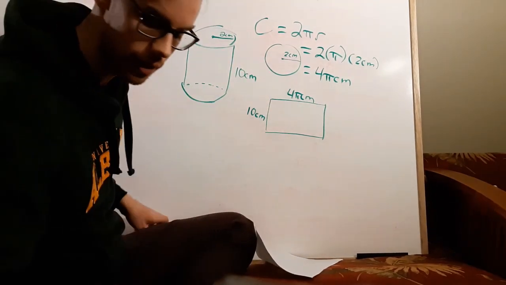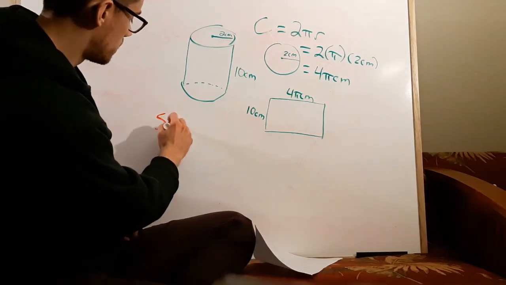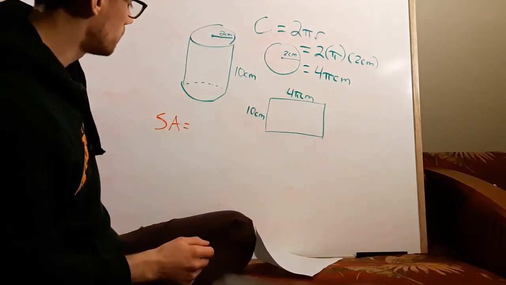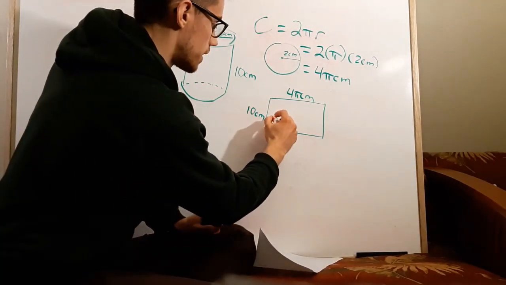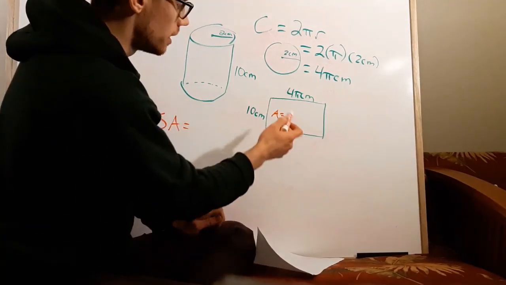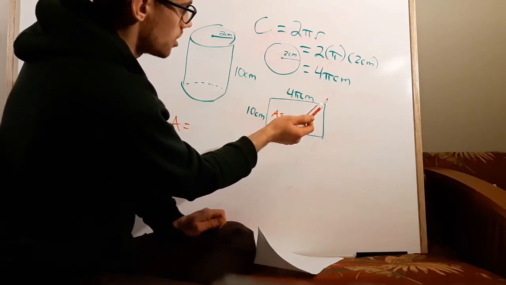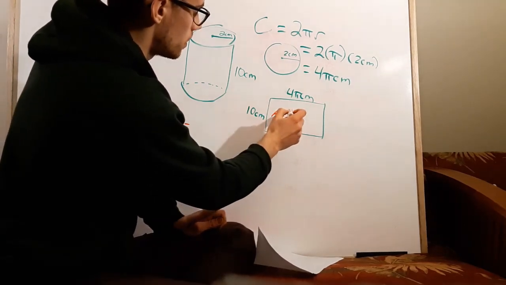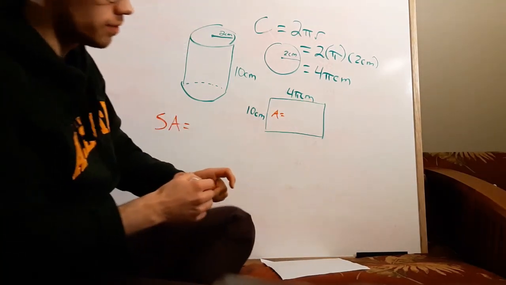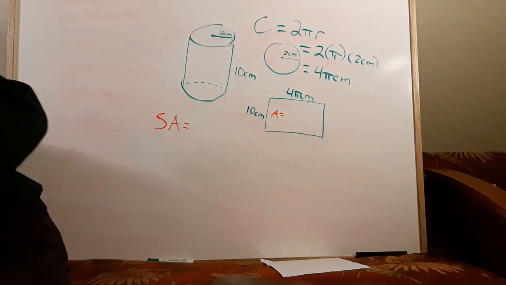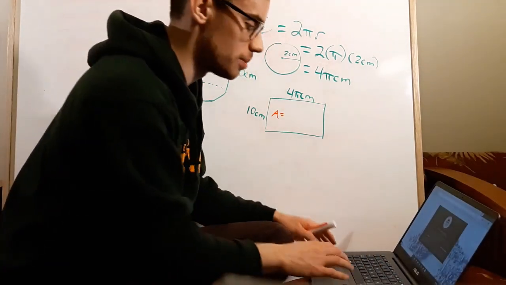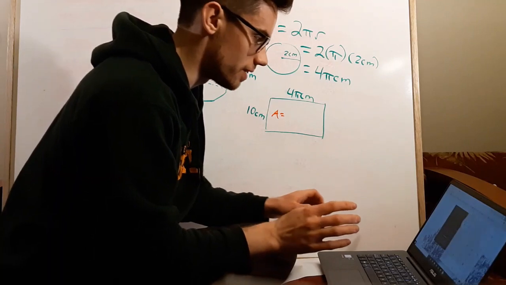So in order to find the surface area, we need to calculate this area and this area here. The area of a rectangle we already know. It's length times width, so it's going to be this 4 pi multiplied by 10. You can put this into your calculator, and 4 pi should give you a number. If I quickly pull out my computer, I don't carry a calculator around that much, to be honest, so I have to use my devices.